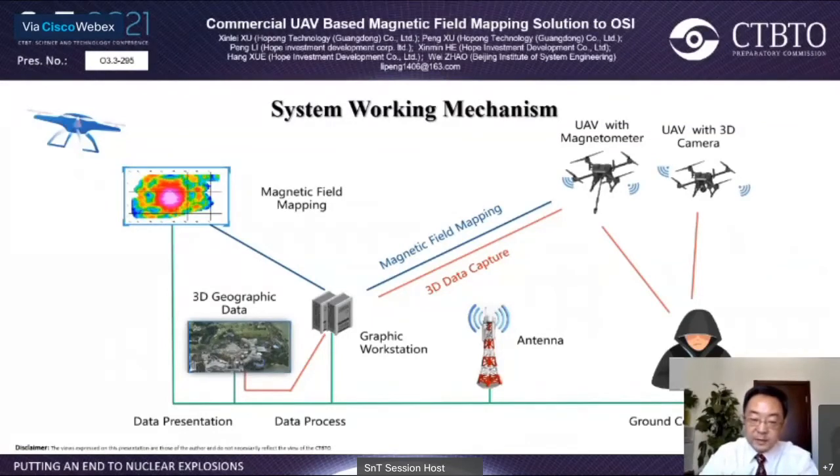So this will provide more computing power and more capacity for data storage. And also you will see both the magnetic data and the GIS data will be shown vividly through colorful maps instead of just the plain data.